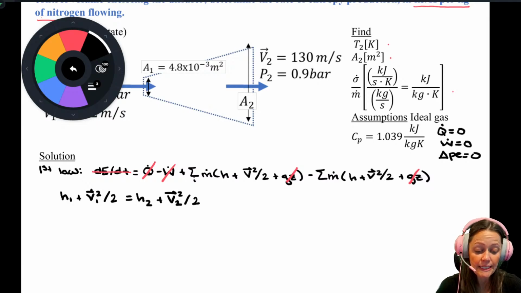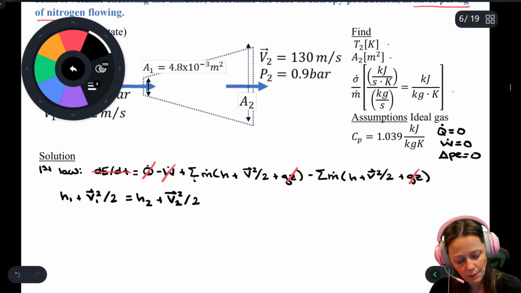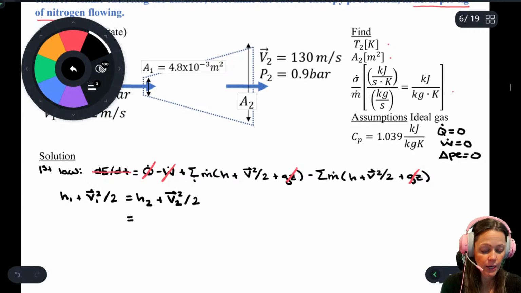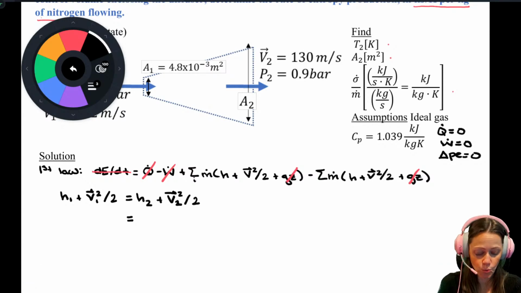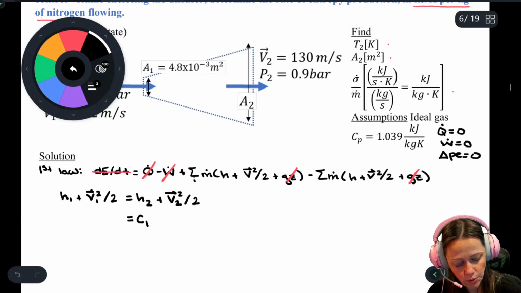And of course, we need T2. Conveniently, I have an ideal gas with constant specific heats, so any delta H's can be approximated as CP delta T's. I'm going to bring the H values to the right-hand side. H2 minus H1 would be equal to CP times T2 minus T1.